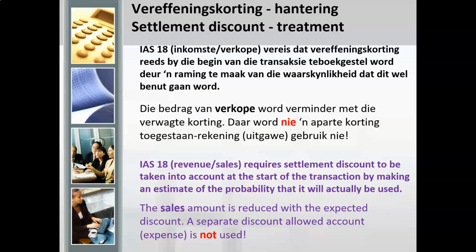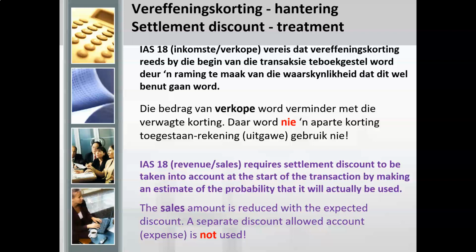Now, debtors is a statement of financial position account. Sales is the income statement, the income account, statement of profit or loss. And then this allowance for settlement discount is also a statement of financial position account. If there is any allowance for settlement discount balance left at the end of the month or the end of the financial year, you are going to disclose that in the note of trade and other debtors.